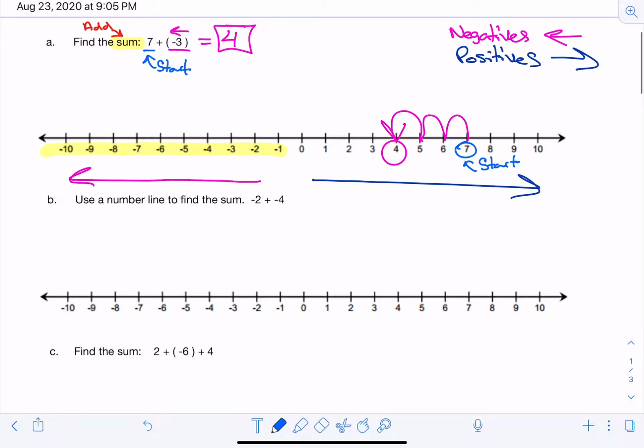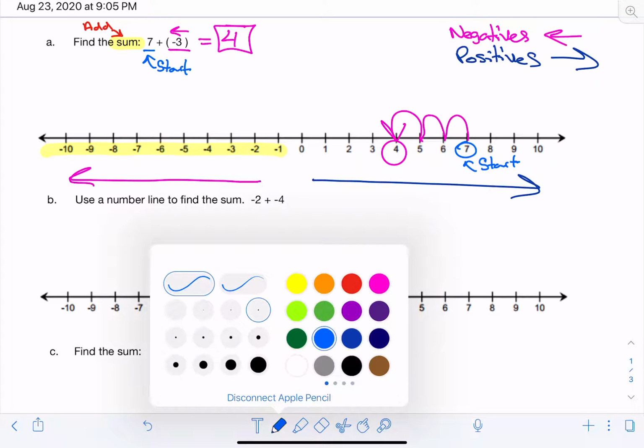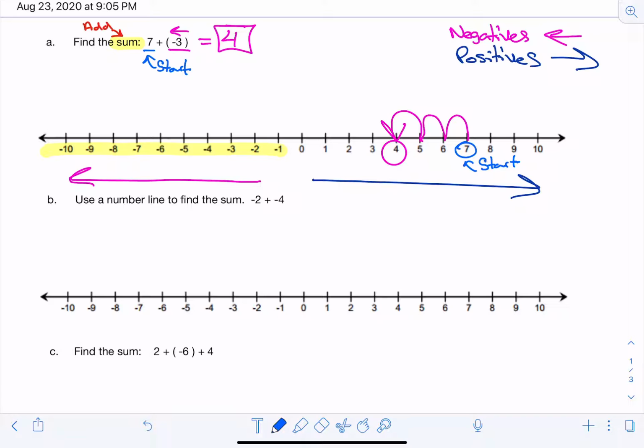Use a number line to find the sum. Okay, so once again, our starting point is negative 2. So we're going to start at negative 2. So go ahead and find that on your number line. And our second number is negative 4.